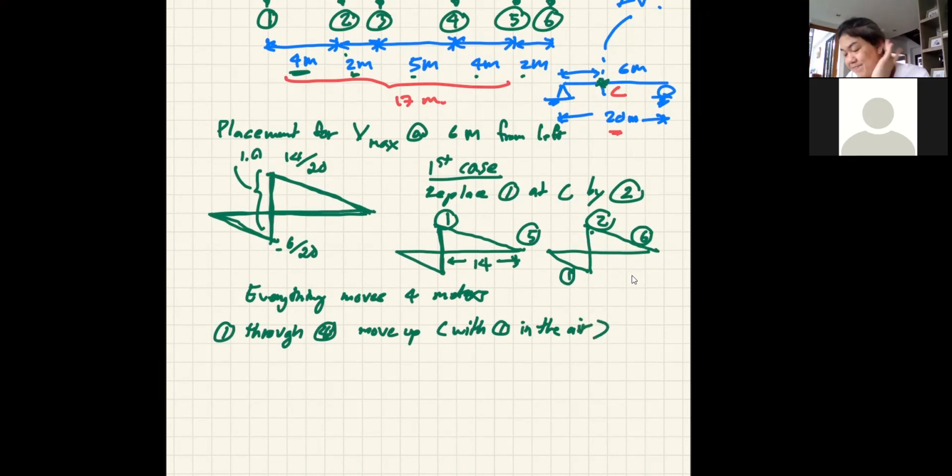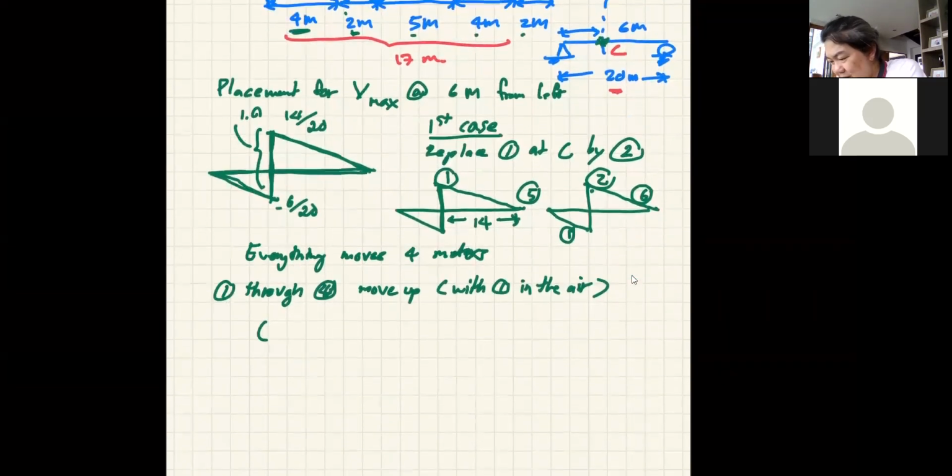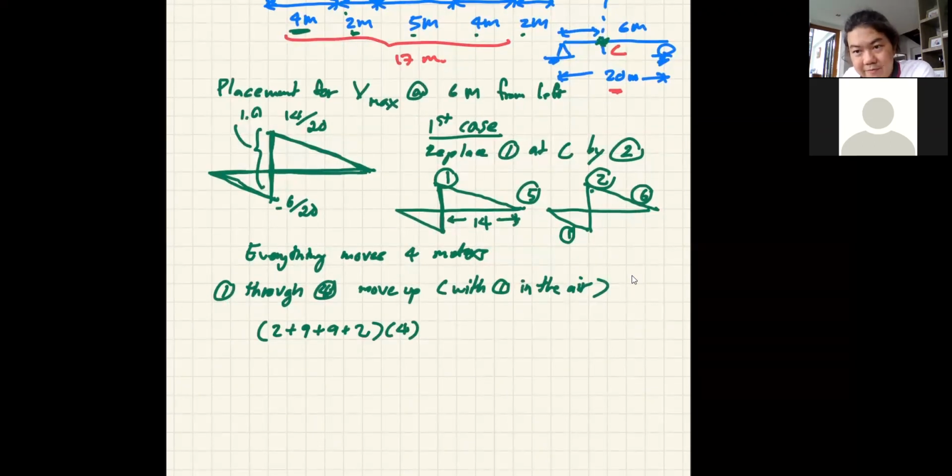So I can say now load number 1 is like 2, right? 2, 9, 9, 2. They all move 4 meters, right? Because load number 2 and number 1 are 4 meters apart. And the slope is 1/20. But because load number 1 is in the air, I'm minus 2. Take it out.